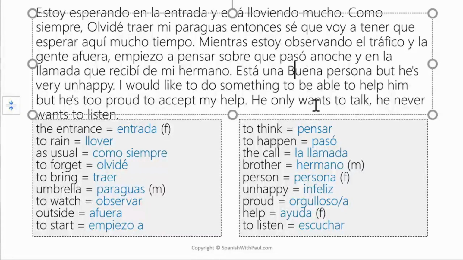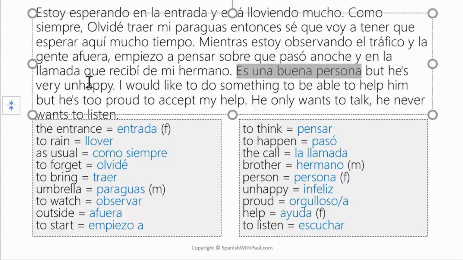What we would be expressing here is that he's kind of temporarily a good person right now in this moment. But I don't think that's what we really want to say. So by using ser, meaning es una buena persona, we're saying that in general, this is how we see him. That being in general a good person is part of his identity. So we go with es una buena persona.